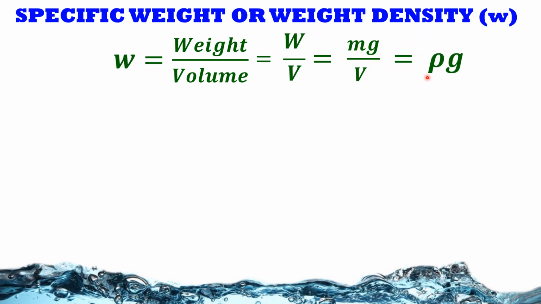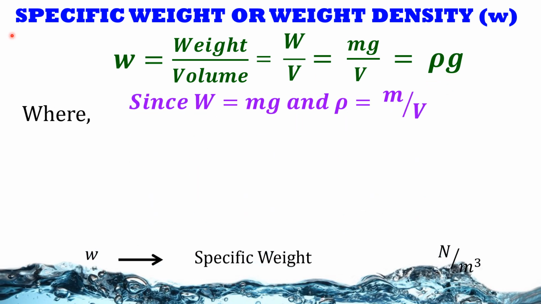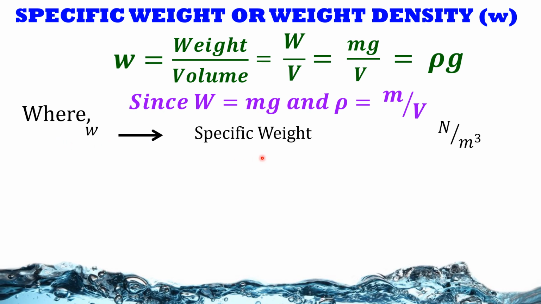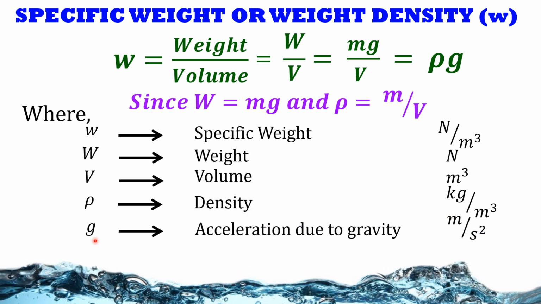So it is further converted into rho into g. w is specific weight in Newton per meter cube, capital W is weight in Newton, capital V is volume in meter cube, rho is density in kg per meter cube, g is acceleration due to gravity in meter per second square, mass m in kg.